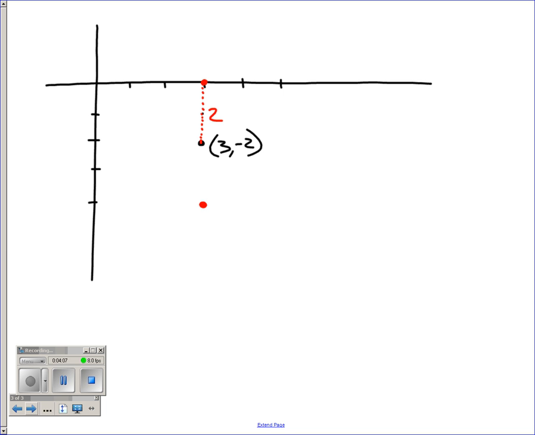That's at 3, negative 4. The point that's on the x-axis, that's 3, 0. But then left or right 2 units from this center point. Again, these are the easy points to find. Well, this would be 5, negative 2. And this would be 1, negative 2 over here.